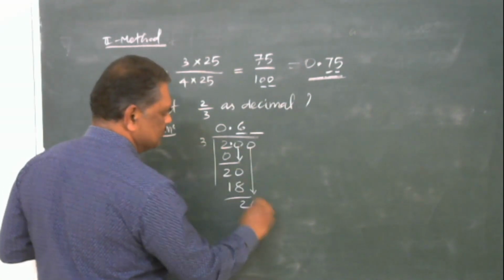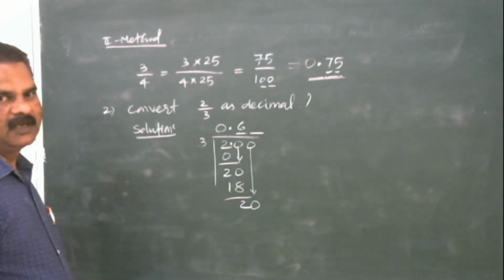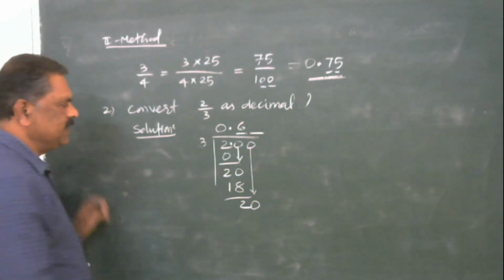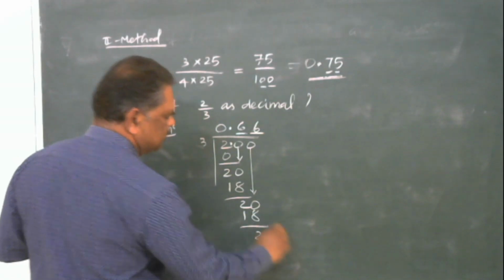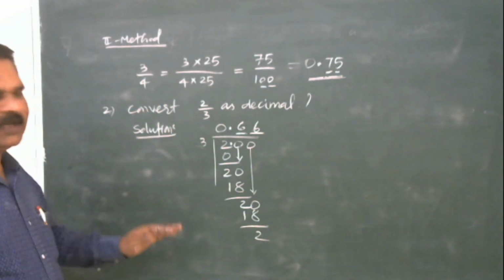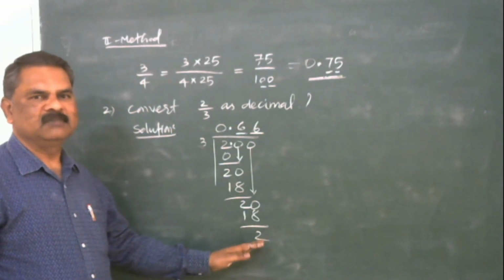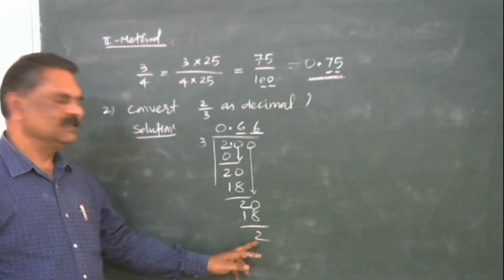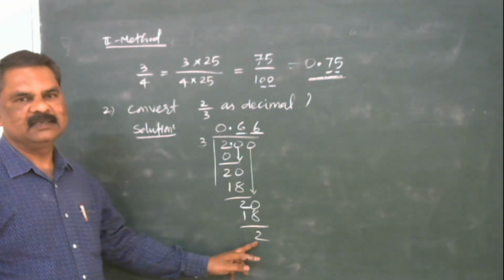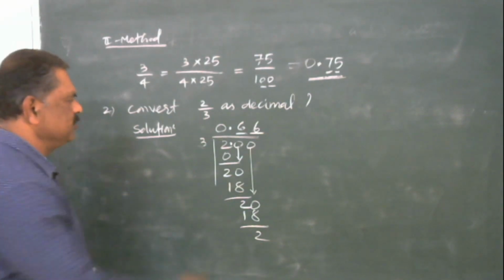Again you convert tenths into hundredths. 20 hundredths. How many can we give each? 6 threes are 18. So this 2 keeps on coming as remainder. The remainder is repeating. So how do you write the decimal?